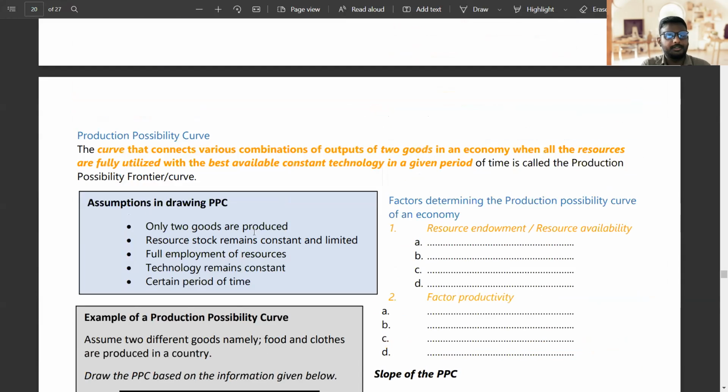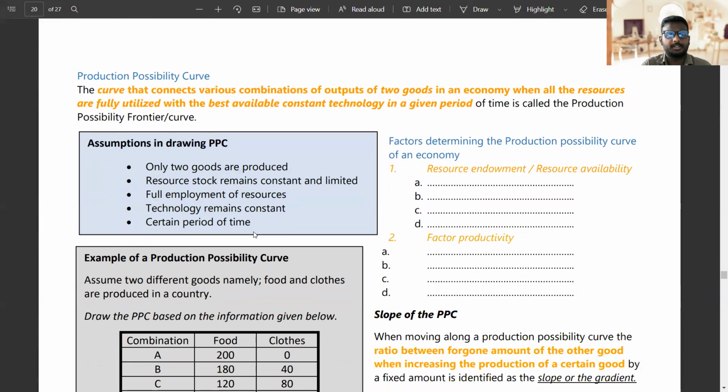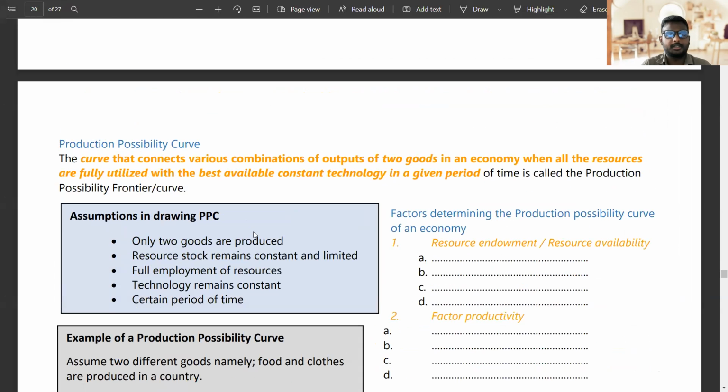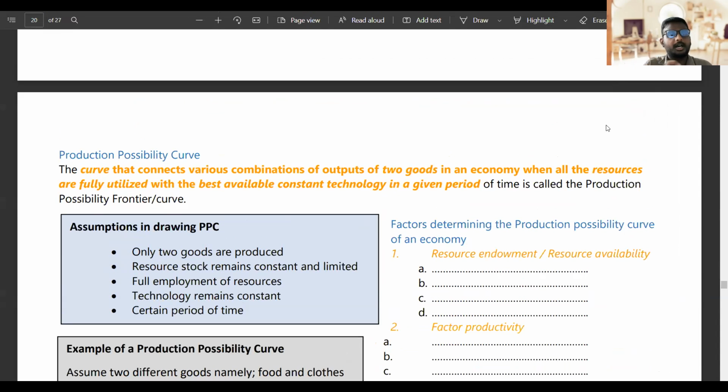Yeah, you have the definition here. The curve that connects various combinations of outputs of two goods in an economy when all the resources are fully employed with the best available technology in a given period of time. Now that is PPC. And the assumptions are given here in this box, as you can see.